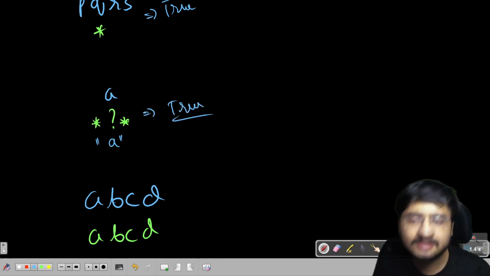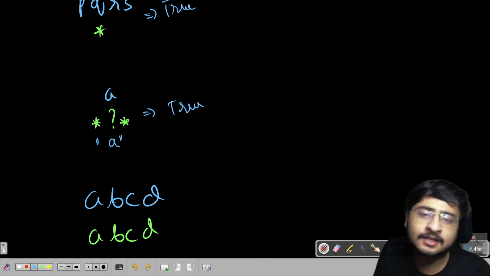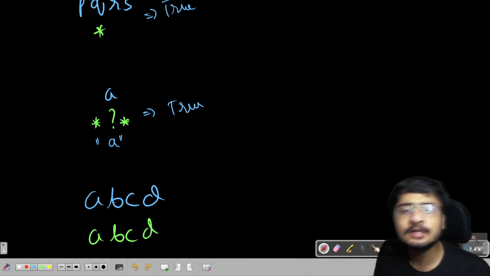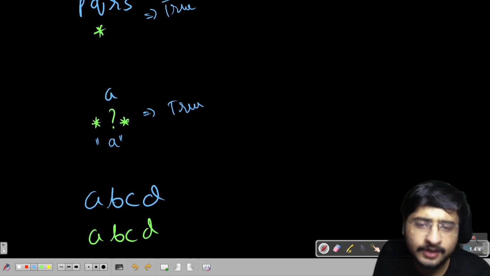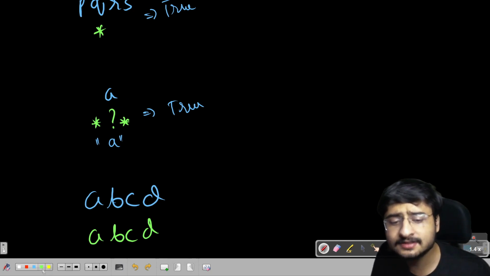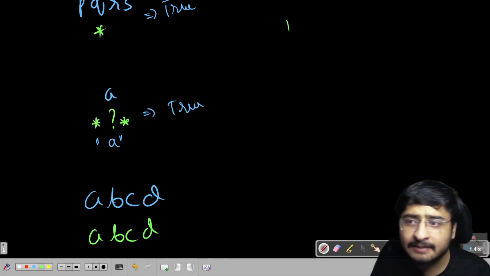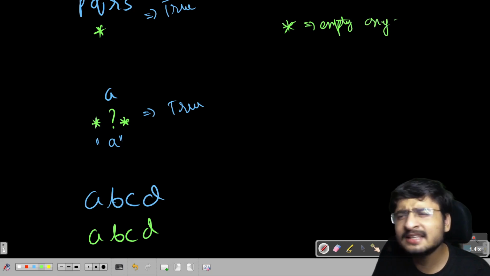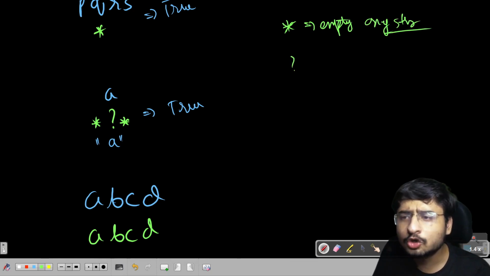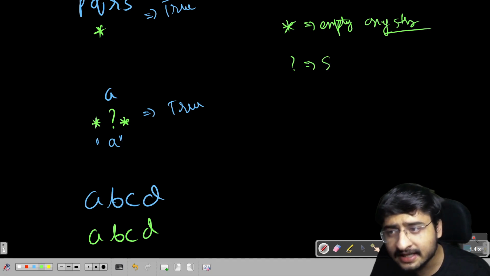It will tell that yes, it is true. You can convert this pattern into this string itself, or this pattern is representing this string itself, vice versa, whatever you want, right? I hope this is clear to everybody. I hope you are able to understand what we are doing. Star can be replaced by an empty string or any string. Question mark can be replaced by only a single character.